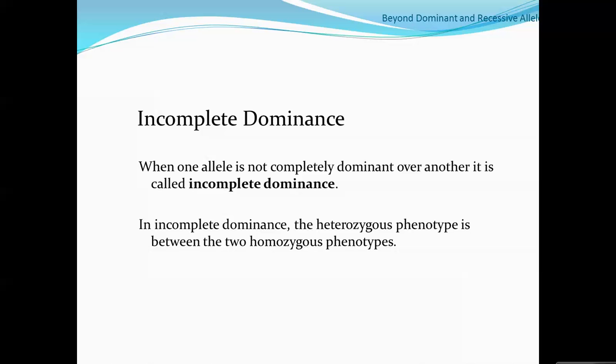Our dominant trait, let's say, is going to mix with our recessive trait. Not one takes over the other, so you can't really call them dominant or recessive. It's just our phenotypes are kind of a mixture between the two. So that'll make more sense when we see an example here. When you think of incomplete dominance, think of a mixture between two alleles.